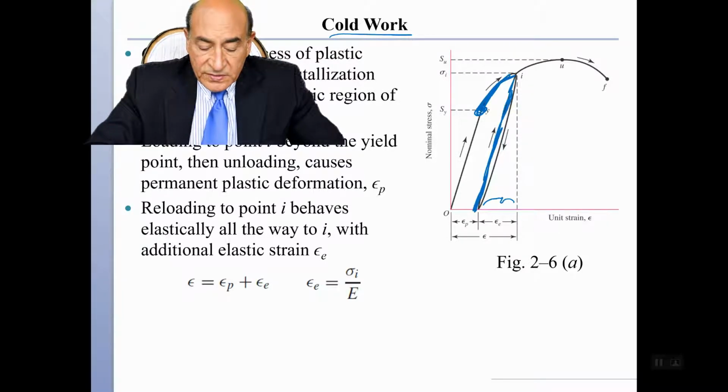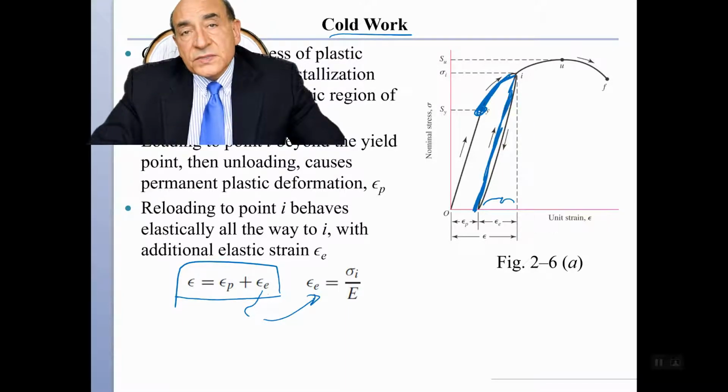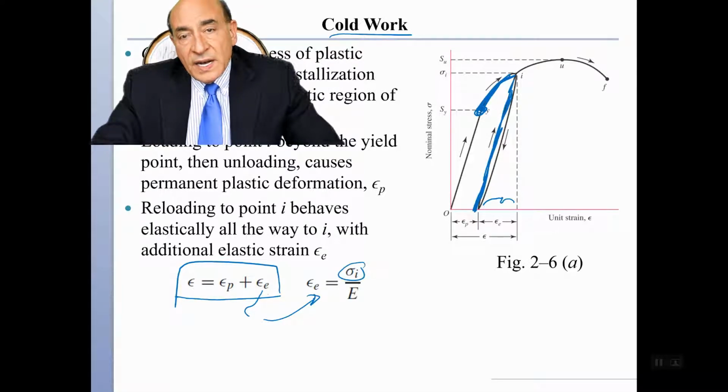So I'm going to divide the strain into a plastic part and an elastic part. The elastic part of the strain is recoverable and is equal to sigma at load step i divided by E, the elastic modulus.